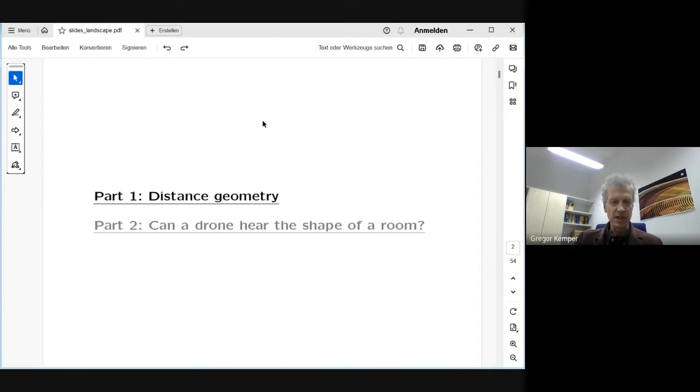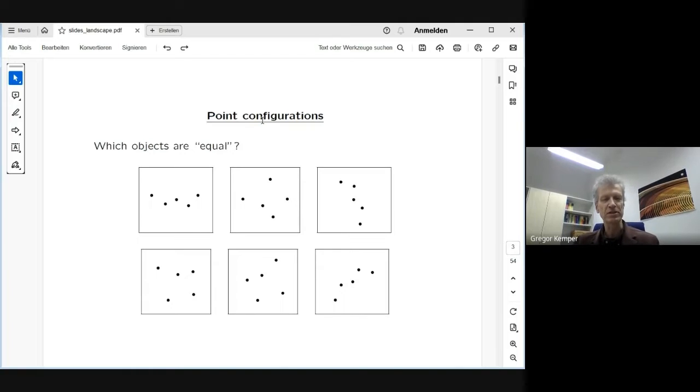So the first part is the old one, distance geometry, some question about that. It's almost 20 years old. No, it's more than 20 years old. So we started with a question of computer vision. If you give yourself some point configurations, have the computer decide which of these are equal.